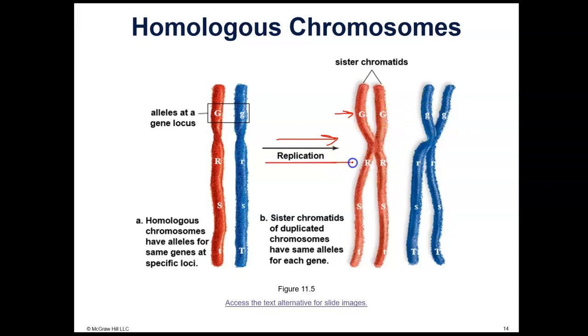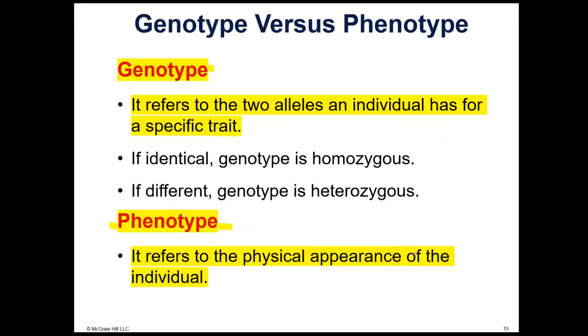Then there's another trait at a different location or locus that's represented with an R. The dominant version is big R, and the recessive is little r. So this individual's genotype is big G, big R, and so on, in which no matter which order the letters come in, we tend to write the big letter before the little letter.